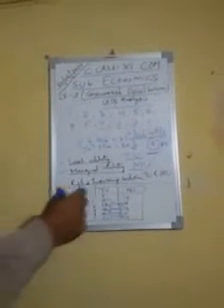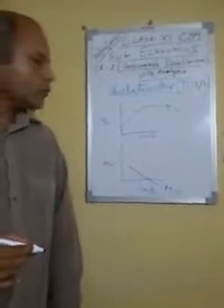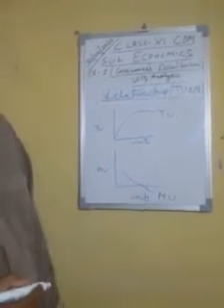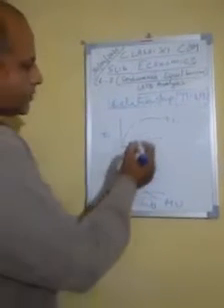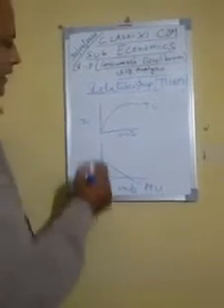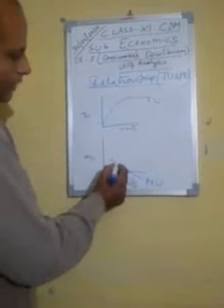Now I will explain this concept by diagram. So students, here is the diagram for TU and MU. As you are seeing, I have drawn first TU and then MU. So the first relation is that as long as TU is rising, the MU is positive.